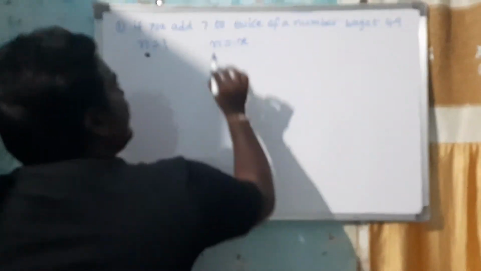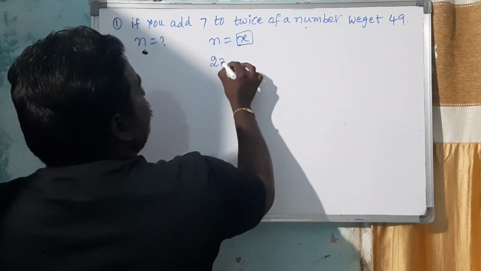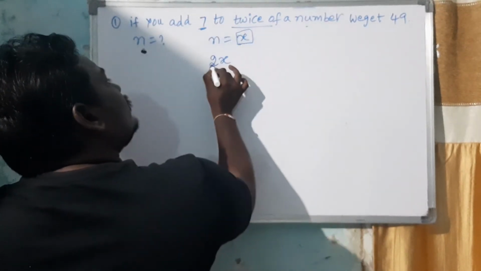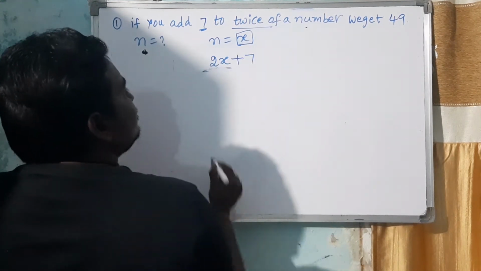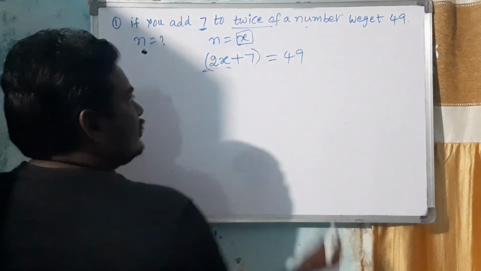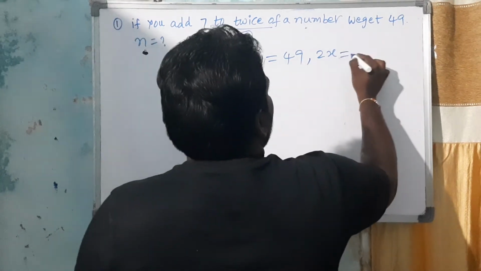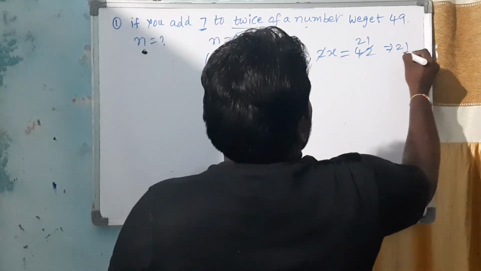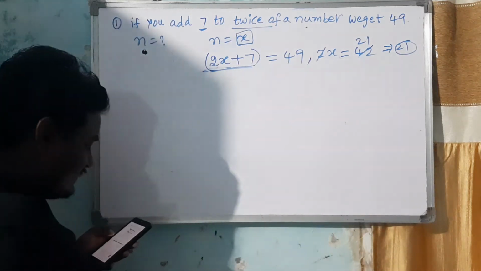If you add 7 to twice the number, twice of the number is 2x. We have to add this 7: 2x plus 7. If you add, we are getting 49. So 2x equal to 49 minus 7. 49 minus 7 is nothing but 42. Directly answer: x equal to 21. If you place 21 in this, directly it will satisfy.